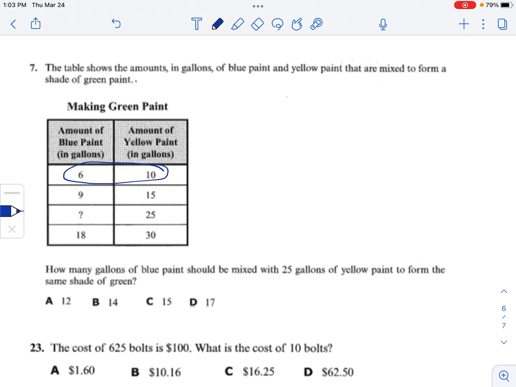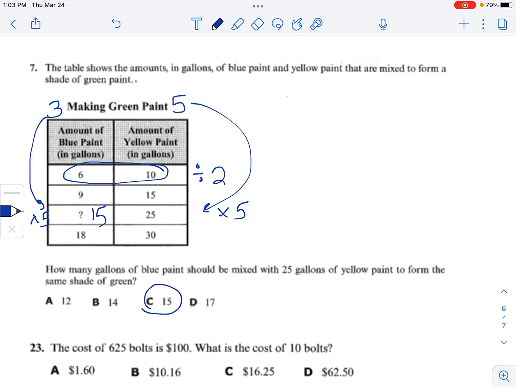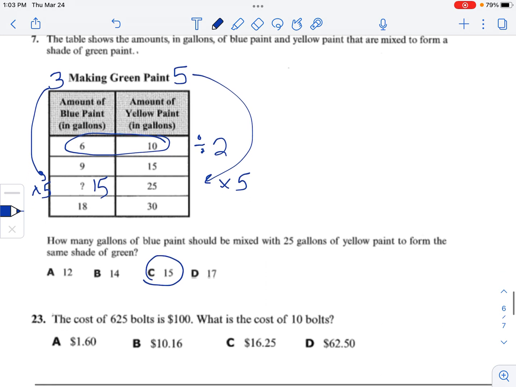If I divide both of these by 2, that means we're mixing 3 gallons of blue paint with 5 gallons of yellow paint. I know 5 times 5 is 25, so 3 times 5 gives us 15. So he's got to mix 15 gallons of blue paint to make that shade of green with the 25 of yellow.